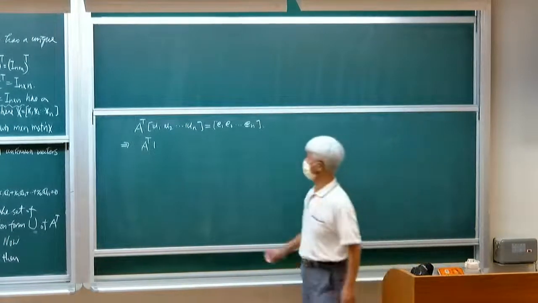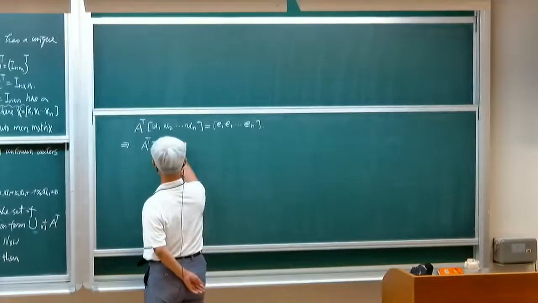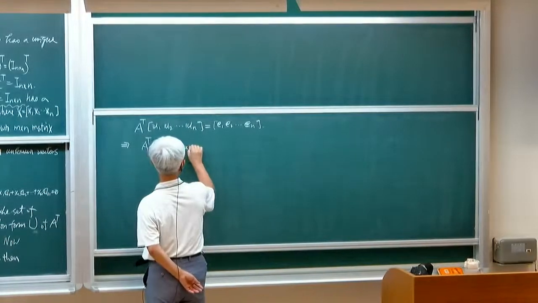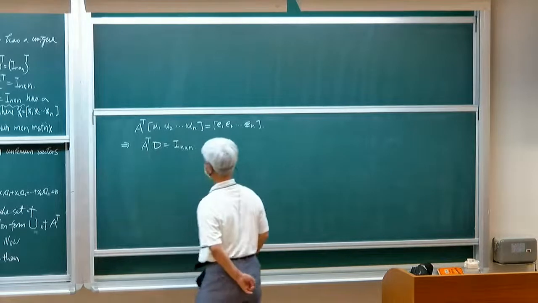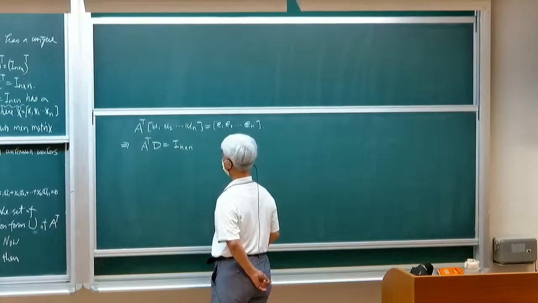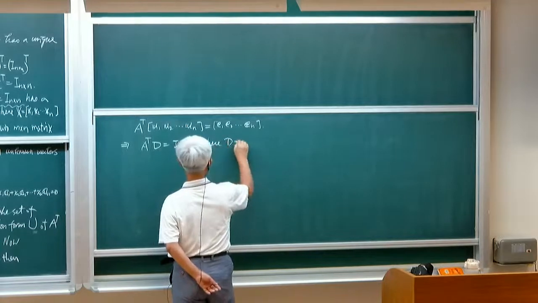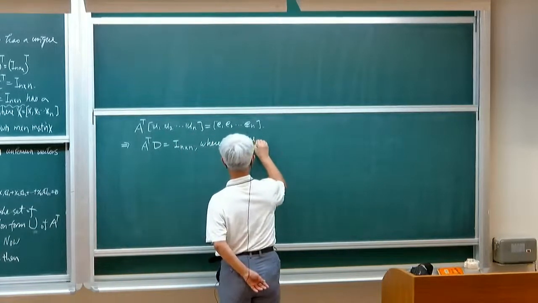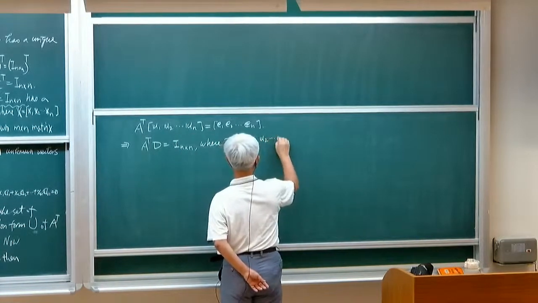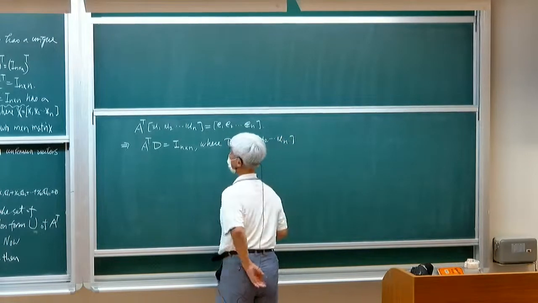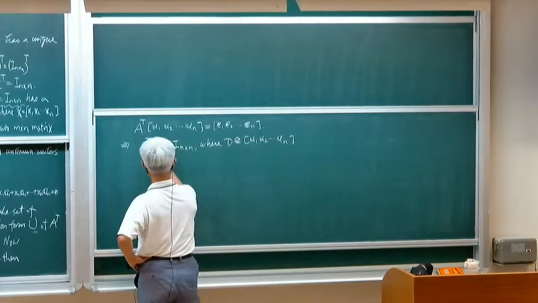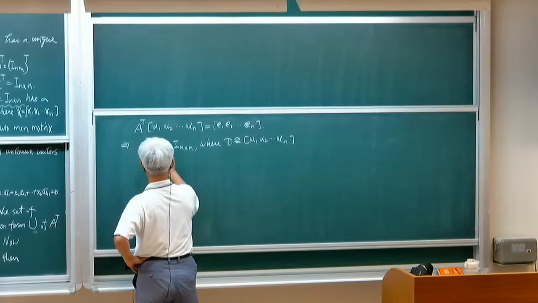We call D here, equal to the identity, where D is defined to be U1, U2 up to UN, and D is an M times M matrix.